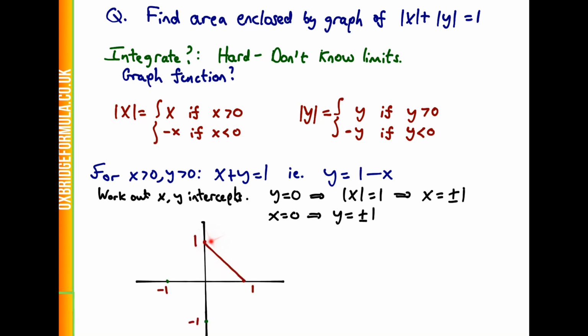We know in the top right quadrant it is going to be y = 1 - x, and we know it's going to go through the points (-1, 0), (1, 0), (0, -1), and (0, 1). How might we fill in the rest of the graph from here?